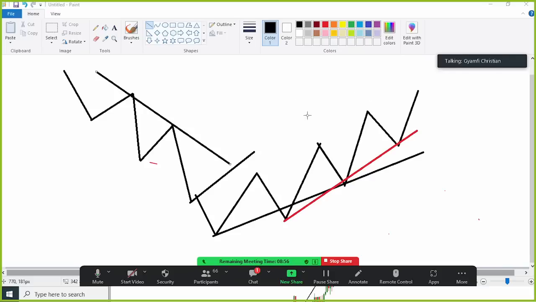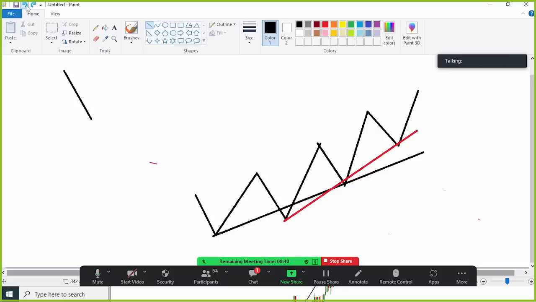I will still use this same diagram as an example. Let me clear everything and take it again. So I'm saying that time changes the level of support and the level of resistance.